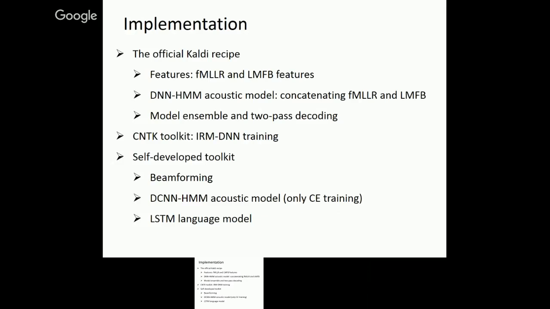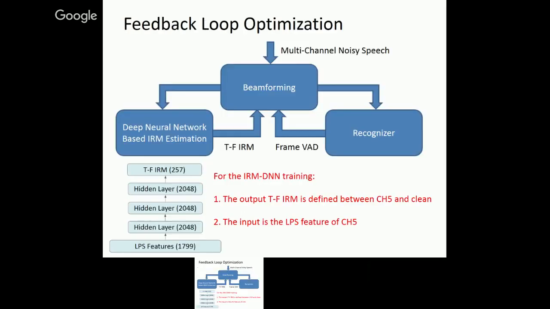And we use the CNTK toolkit to train the IRM DNN. We will introduce the training later. For the other parts, we self-developed some tools for beamforming and the deep convolutional neural network for the acoustic model, only with cross-entropy training, and the LSTM language modeling.